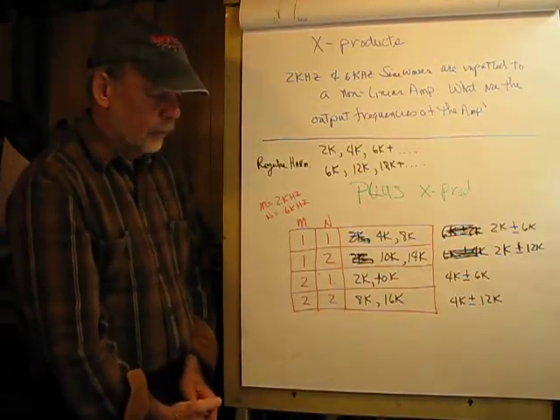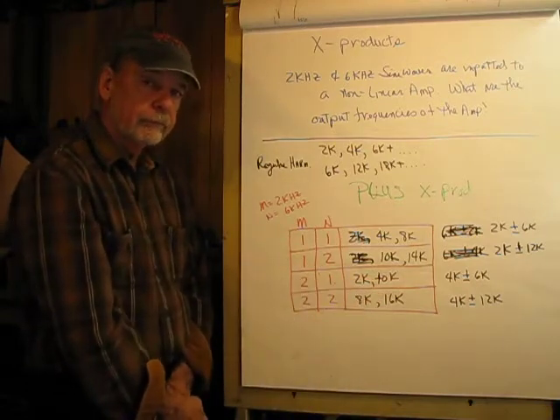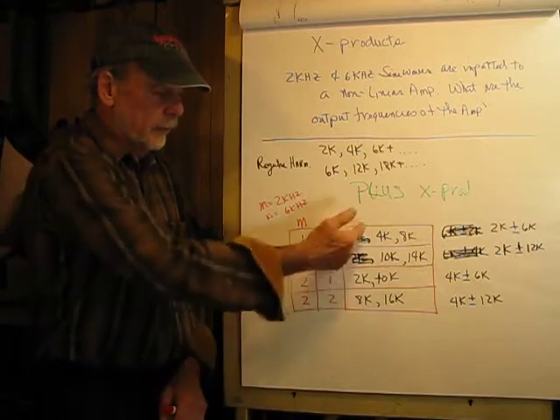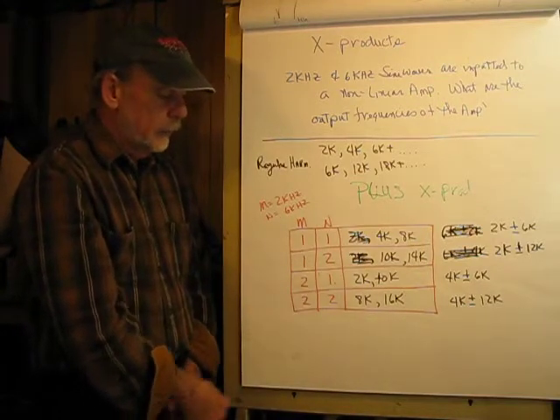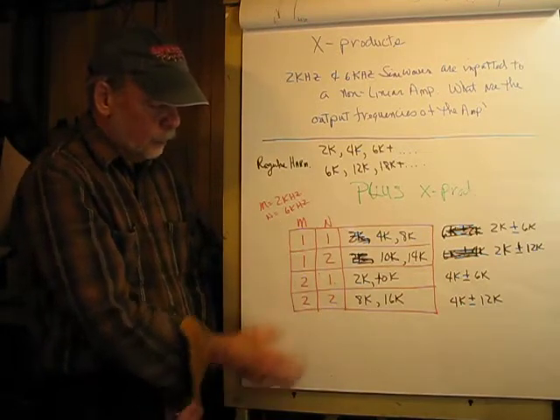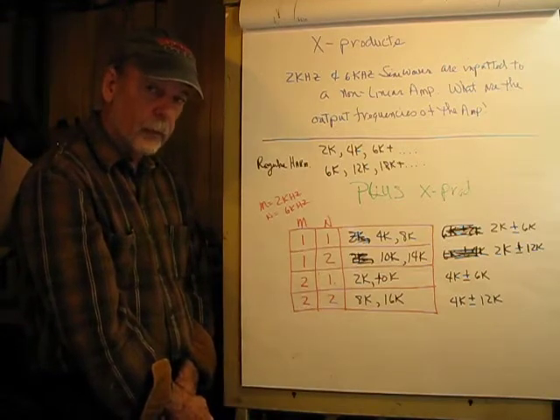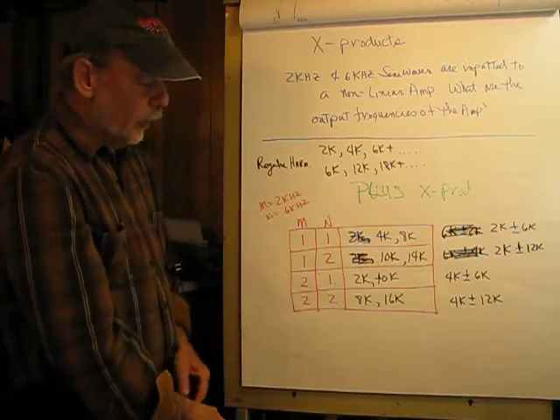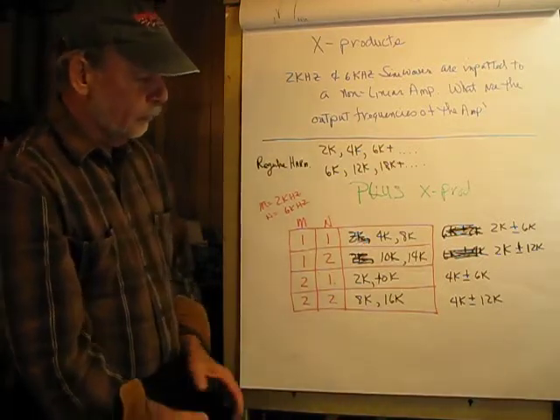Adding and subtracting those, we get components at 8K and 16K. Now, as you can probably guess, we could have another column here called O and P and so forth, and mix 1 with 3 and so on, but the most we're going to do is 1 and 2 for multiples of our fundamental frequency. So these would be the frequencies that occur in the cross products.